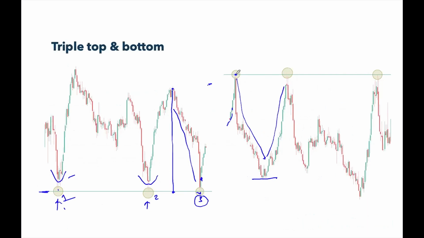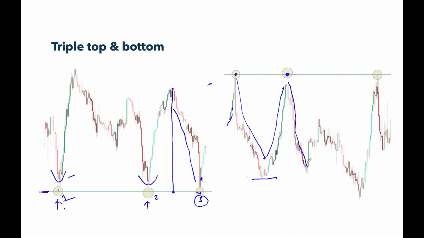Because this has been a very major resistance, once the market price reaches this particular point, you can see there is a significant correction that happens here, and the stock price starts going down.